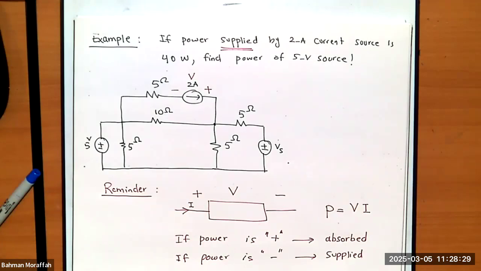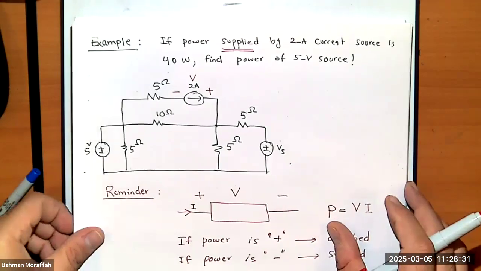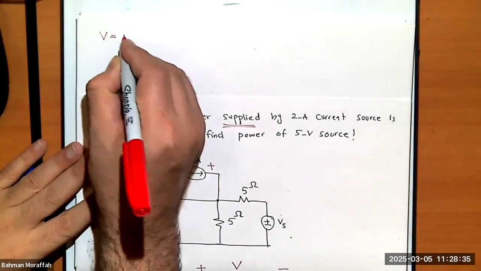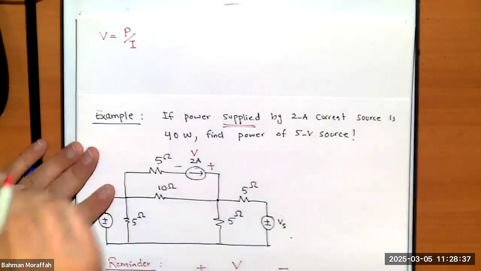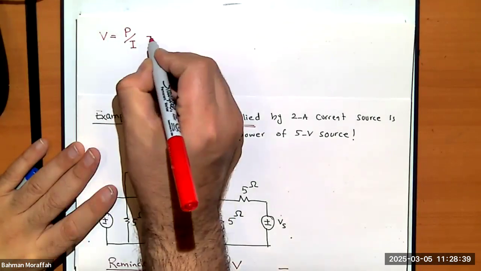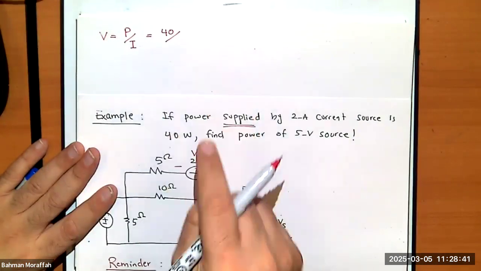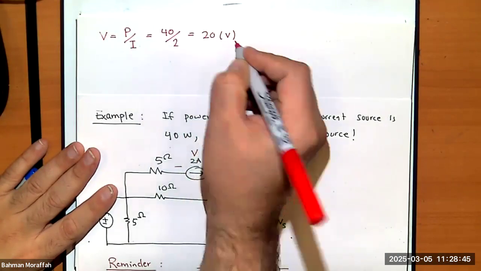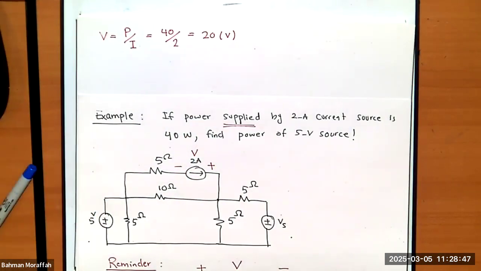So I know V equals P over I. I know P is 40 watts. I through this is 2. Therefore, V is 20 volts. Right? We know that.